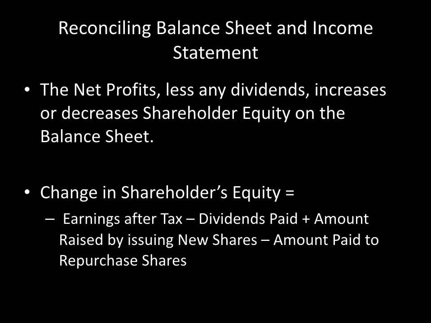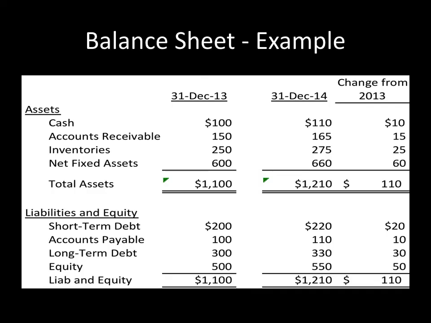When we look at the change in shareholders' equity or owner's equity, or in our simpler example, the equity account, typically the change will be earnings or losses after taxes, less dividends, increased by selling any new stock, and also reduced sometimes when companies buy back stock, what we call treasury stock.